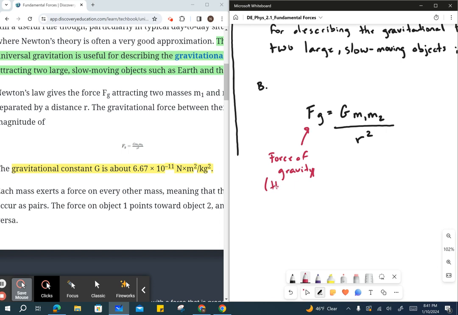The G over here on the left-hand side is an actual constant.